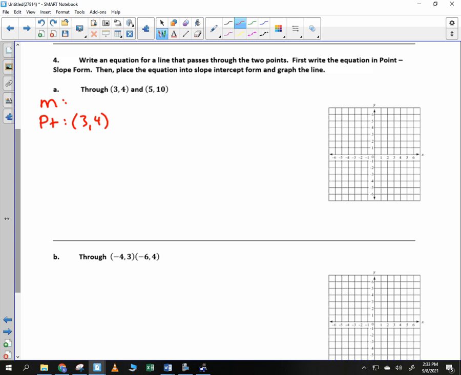So now, and it doesn't matter. If you chose the other one, you're going to come up with the same answer. It says slope is y sub 2 minus y sub 1 over x sub 2 minus x sub 1. That's our formula for slope. You've seen that before. With our points, the first point is x1, y1, and the second point is x2, y2.